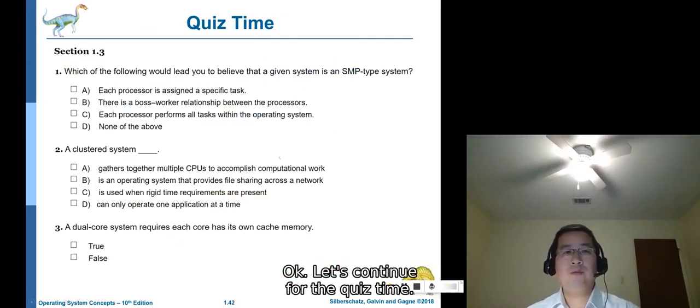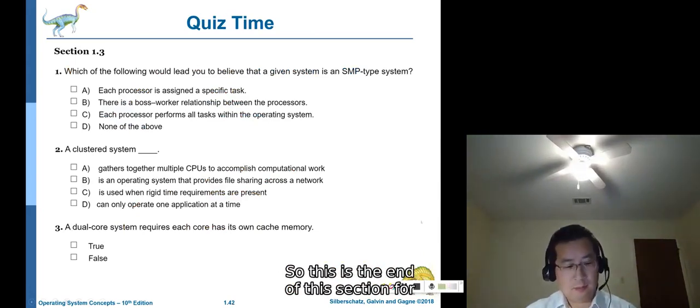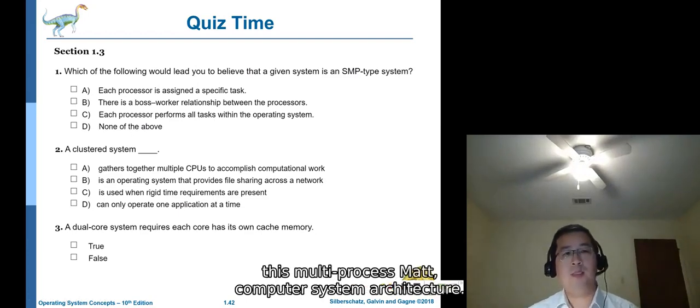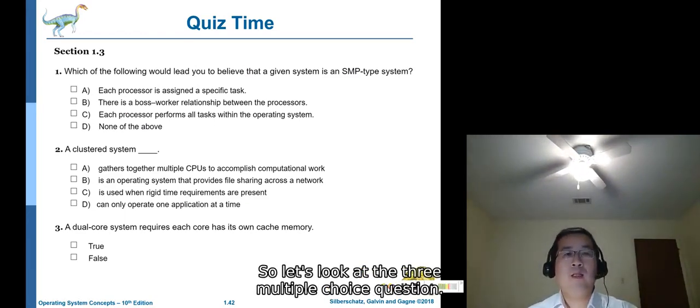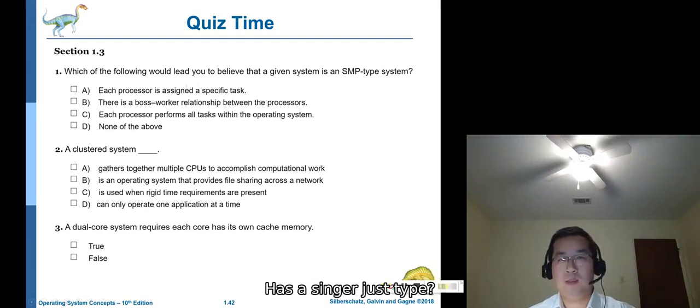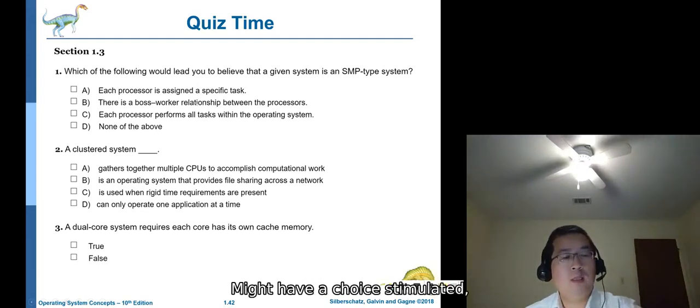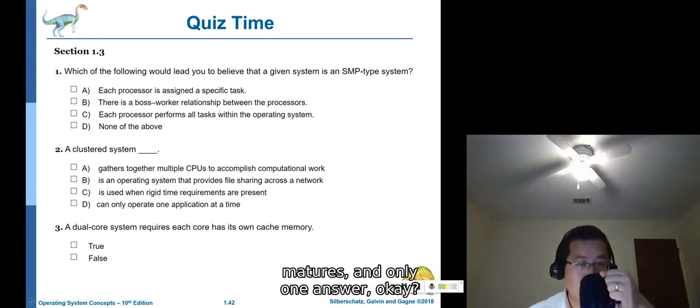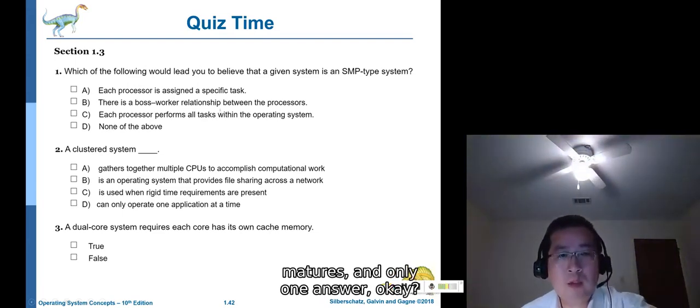Let's continue for the quiz time. So this is the end of this section on computer system architecture. Let's look at the three multiple choice questions, single choice, multiple choice, but only one answer.